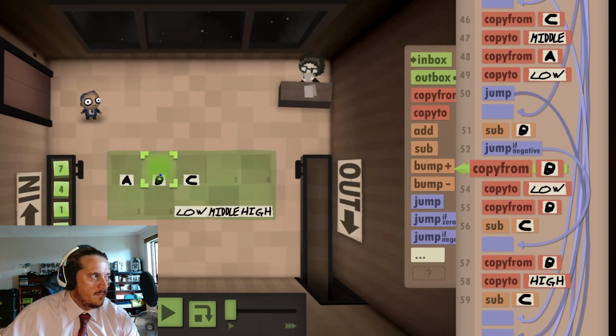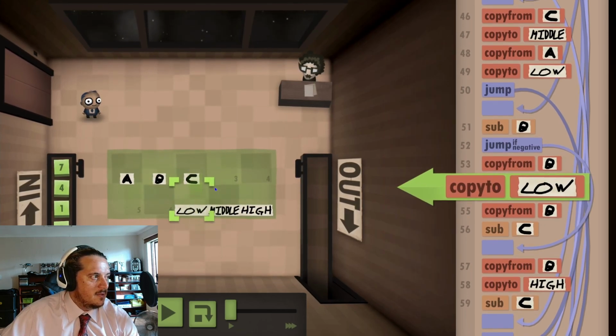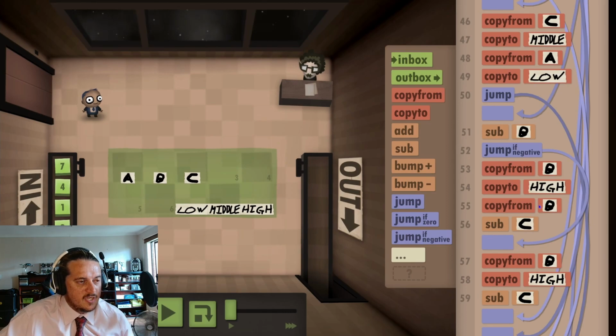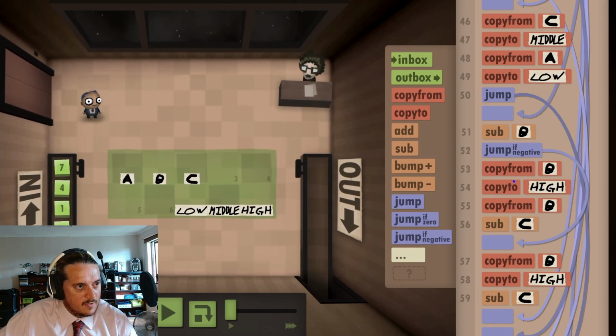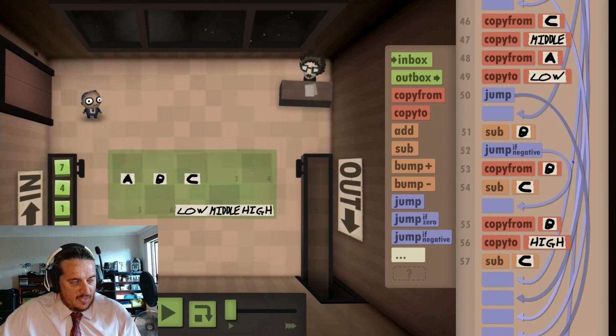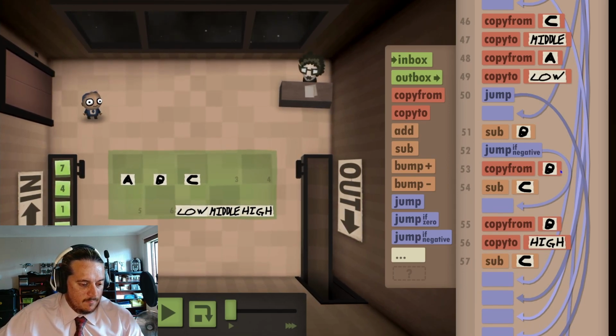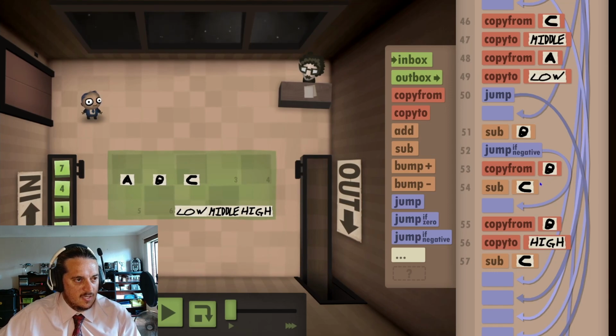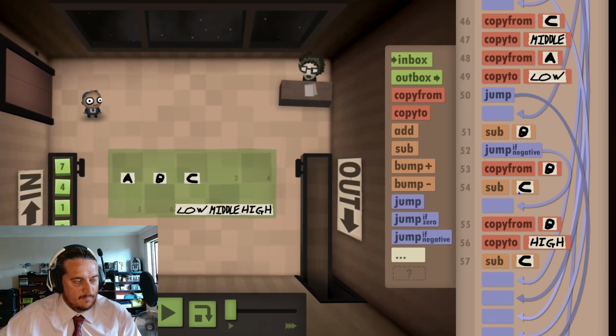So then I want to actually copy B and put B in the high block. Then I want to check if B deserves to be in the high block. So then I want to grab B and I want to get rid of C from B. So if B minus C is positive, then B is higher.